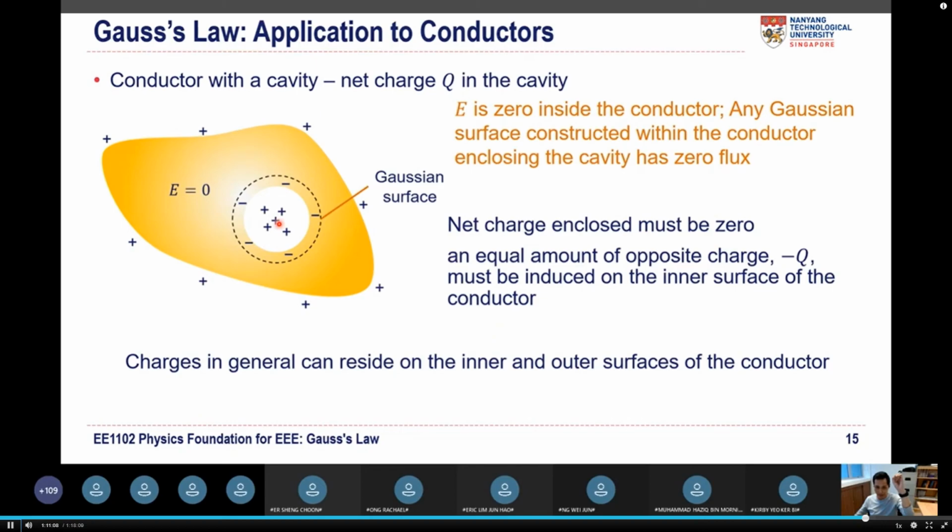But because we have some charge inside the cavity, we must have opposite charge accumulating on the inner surface of this conductor. Okay, so the charge on the inner surface is going to be the same amount as the charge that is enclosed in the cavity.